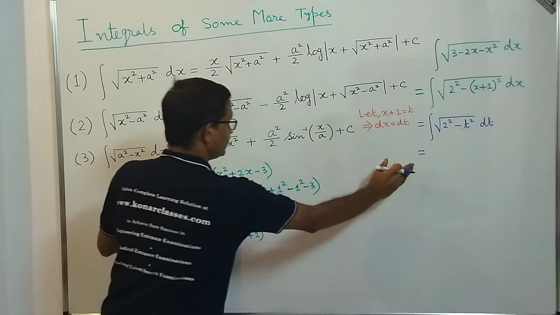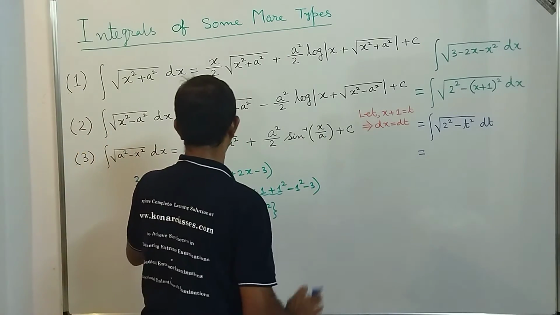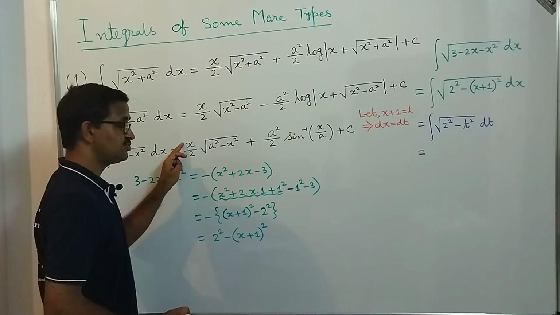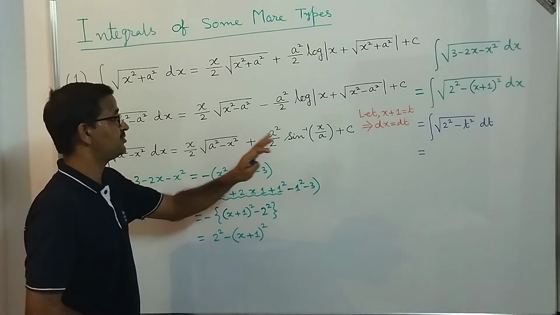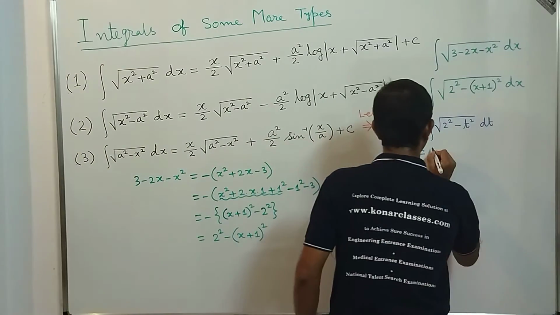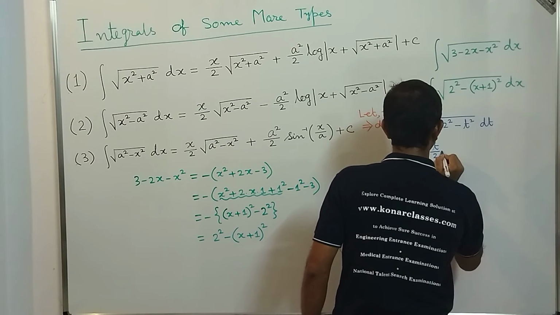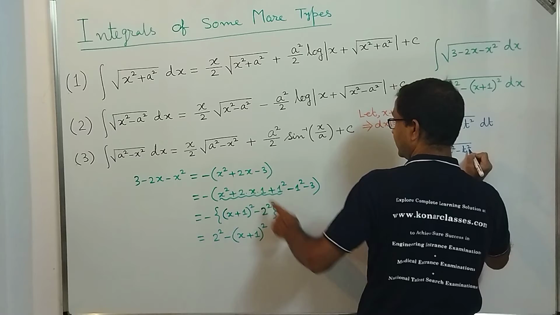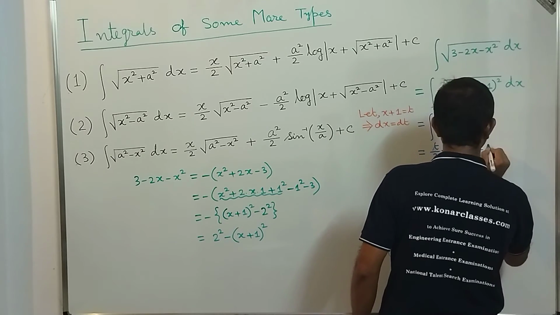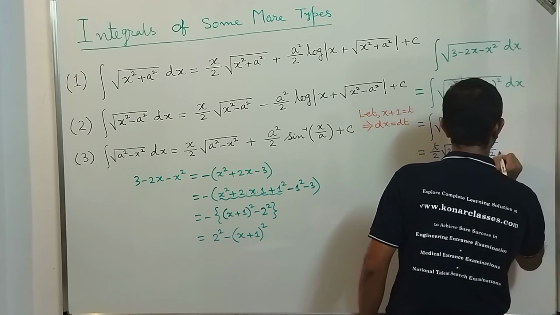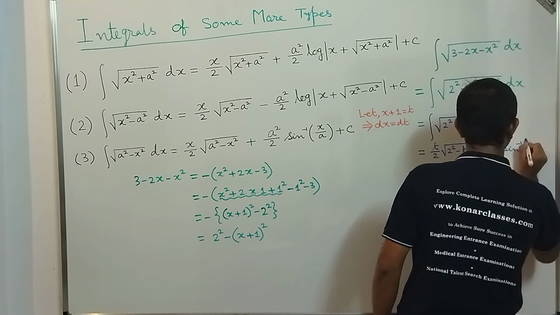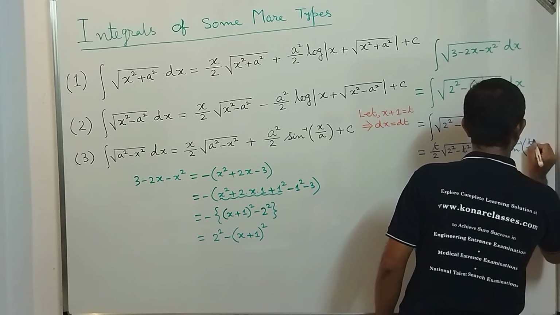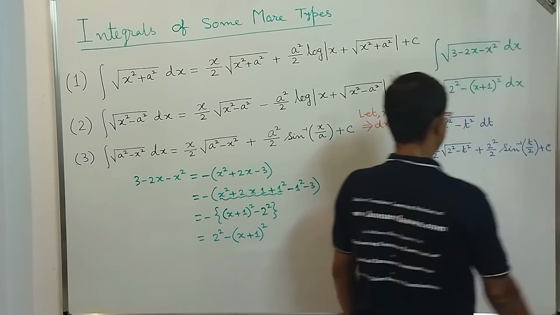So all you need to do is use this formula, and instead of x we write t, and instead of a we write 2. That's it. So that means t by 2 into square root of 2 square minus t square, plus a square by 2, that means 2 square by 2 into sine inverse t by 2, plus the integrating constant c.